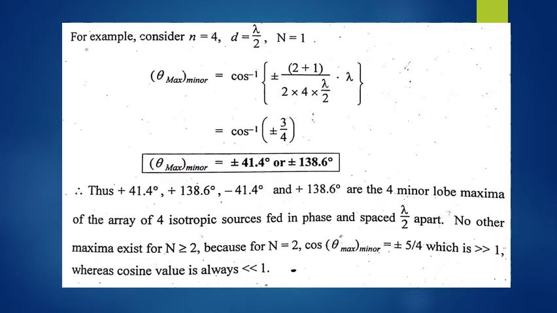So the value will be plus or minus 41.4 degrees or plus or minus 138.6 degrees. No other maxima exist for N greater than or equal to 2, because for N equal to 2, cos theta max will be plus or minus 5 by 4, which is greater than 1. So this value does not exist.